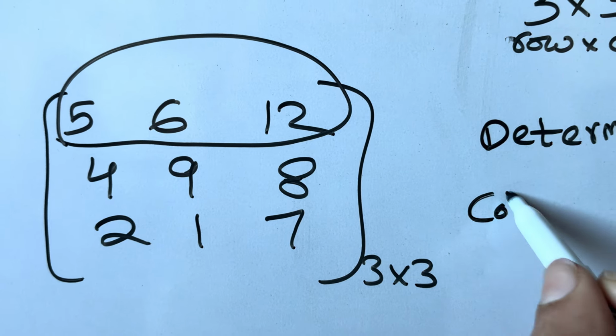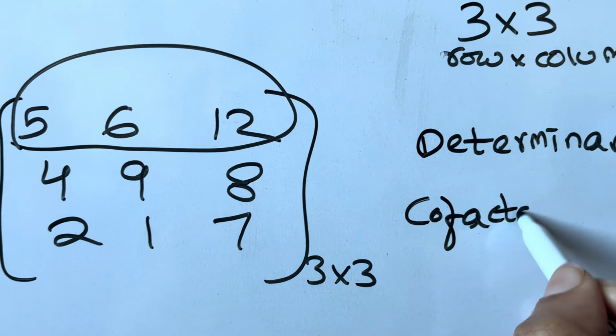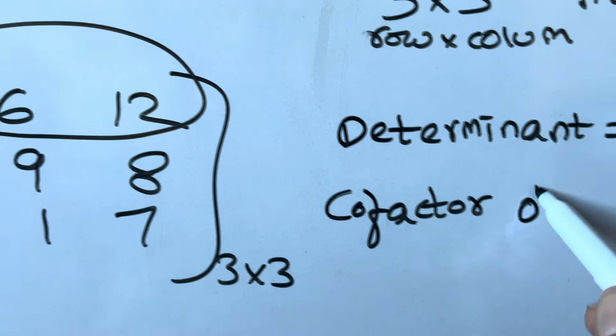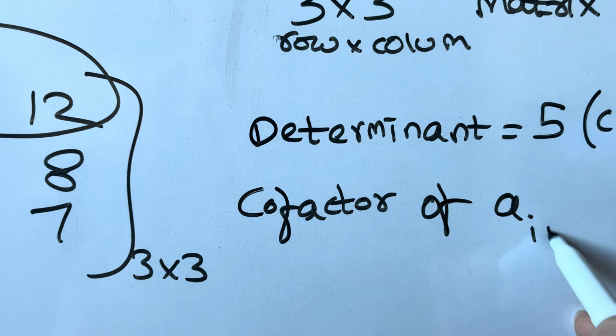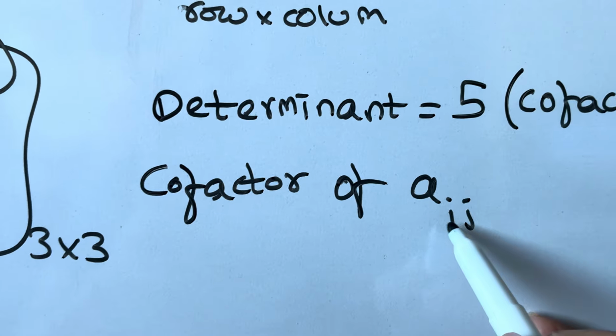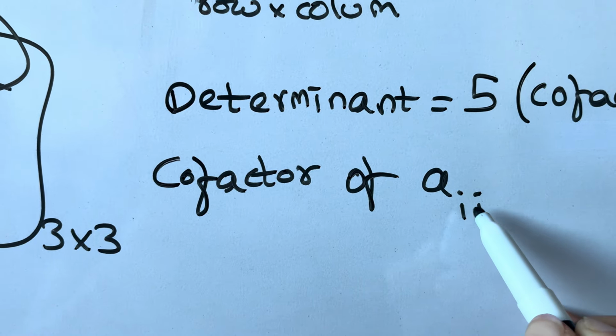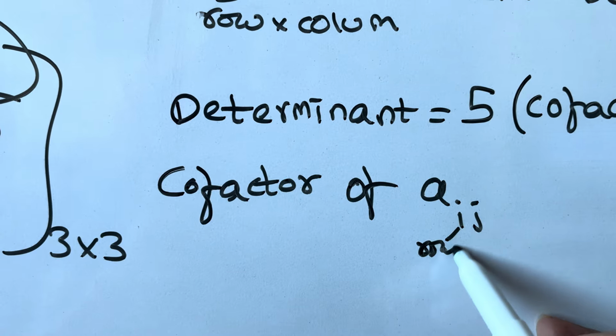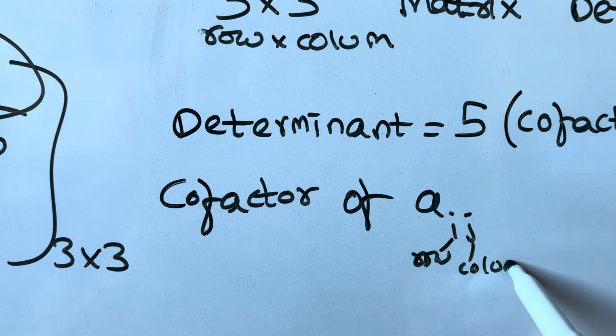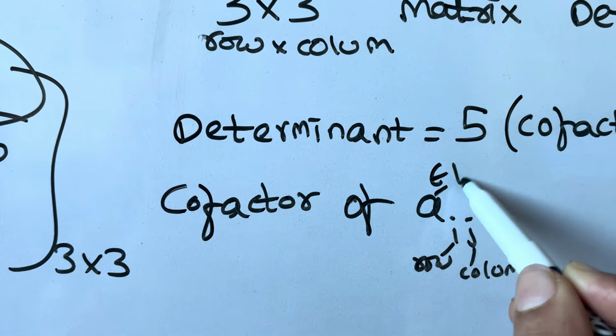So cofactor of Aij element, where i is the row and j is the column, and this is the element.